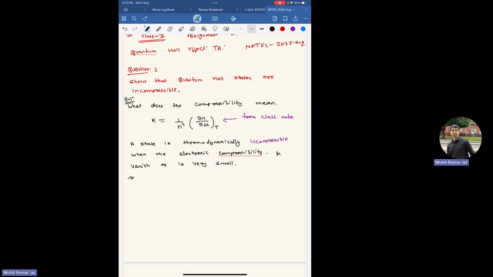So the density does not change when the chemical potential mu is varied within an energy gap.